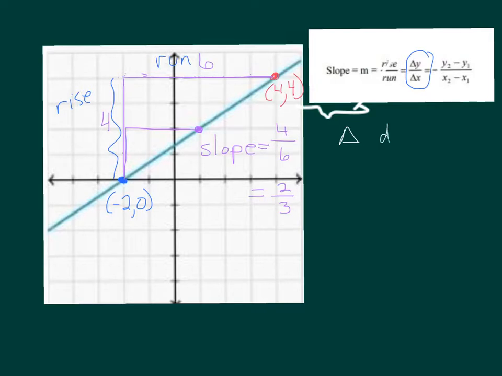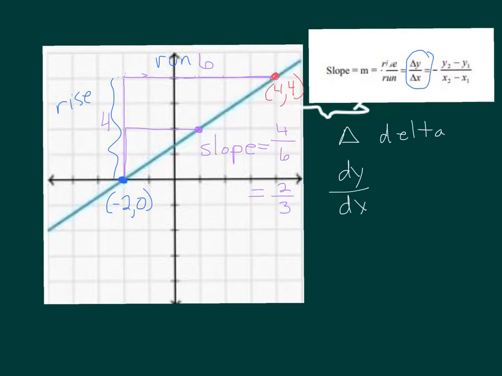That is the Greek symbol delta, which is the letter D. In calculus, we see the calculus slope formula written as dy dx. So it's really the same thing.